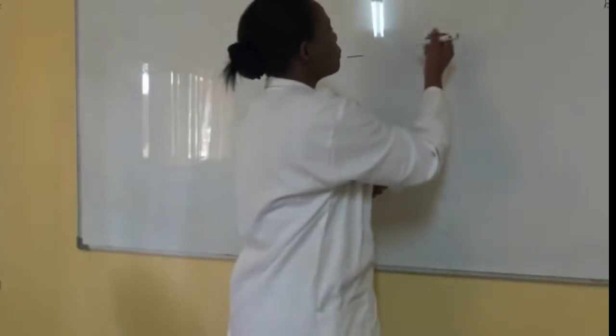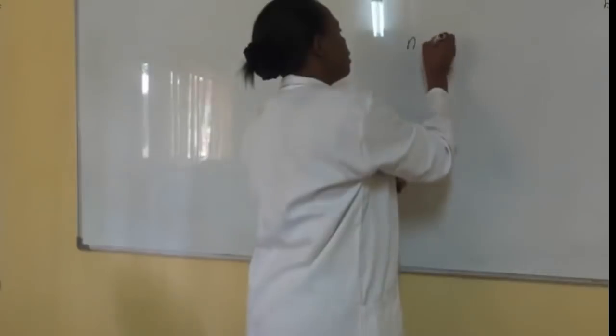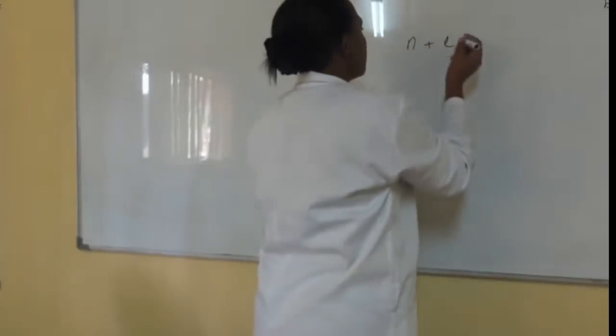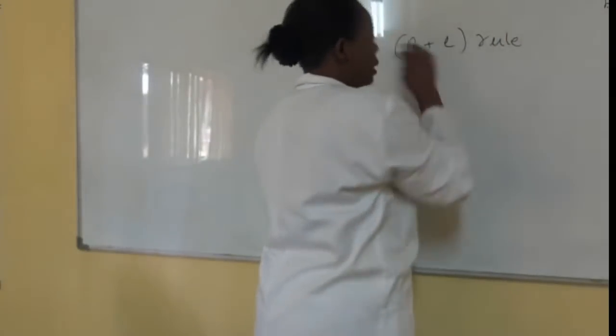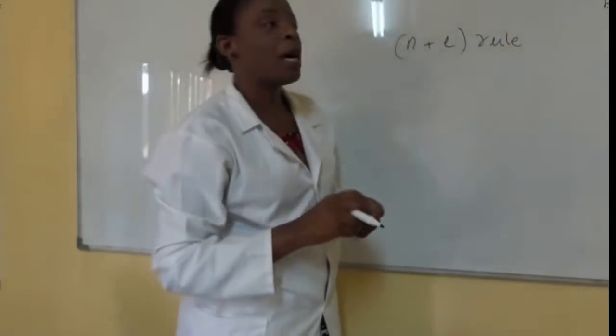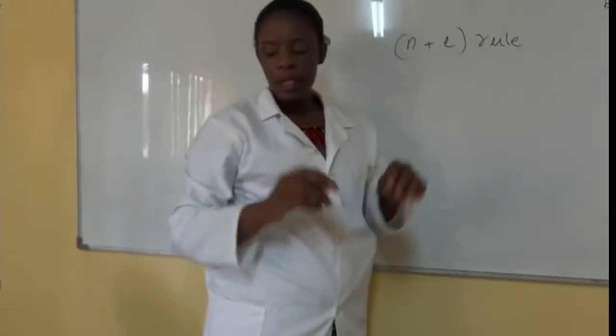Okay? So this is just to remind you what we covered whilst you are on campus. So I said you use the N plus L rule. This N plus L rule will help you to actually determine which orbital will be occupied by electrons first.